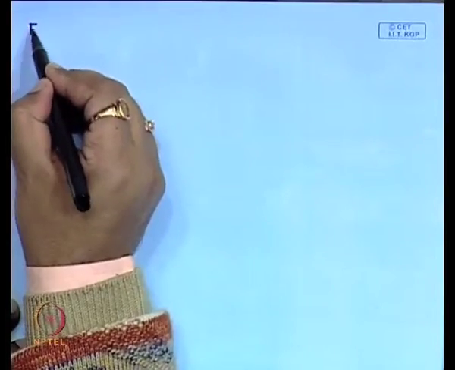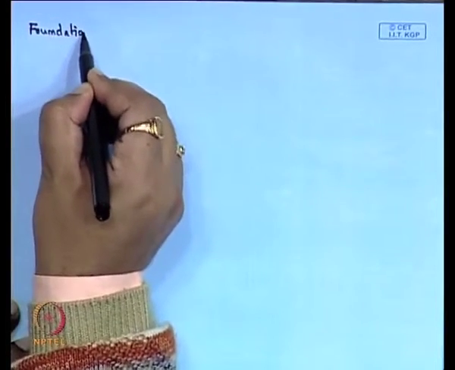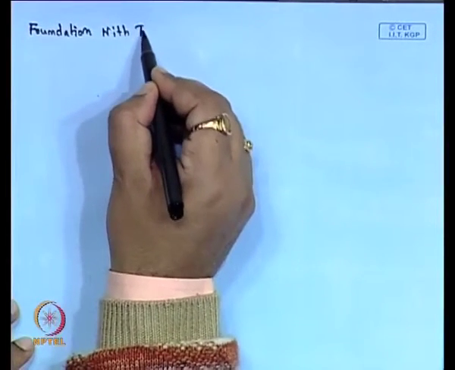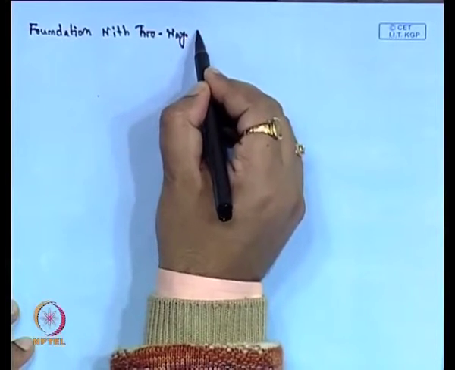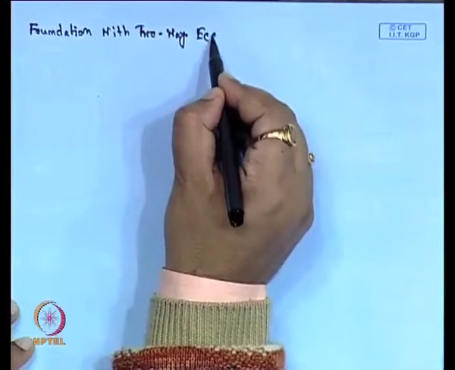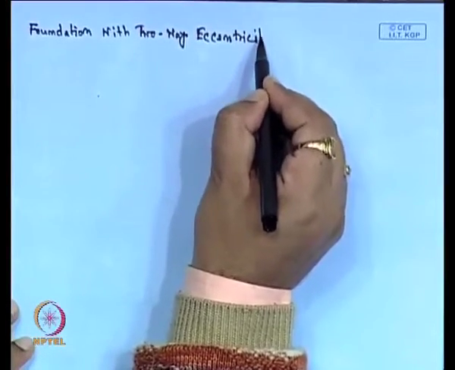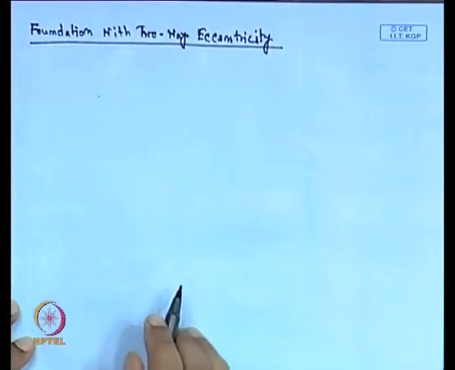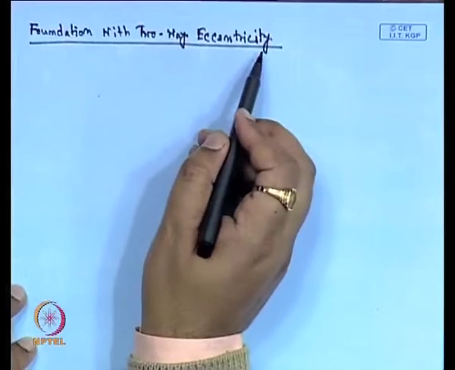Now, the next one is the foundation with two way eccentricity. So, the first case was the foundation with one way eccentricity.